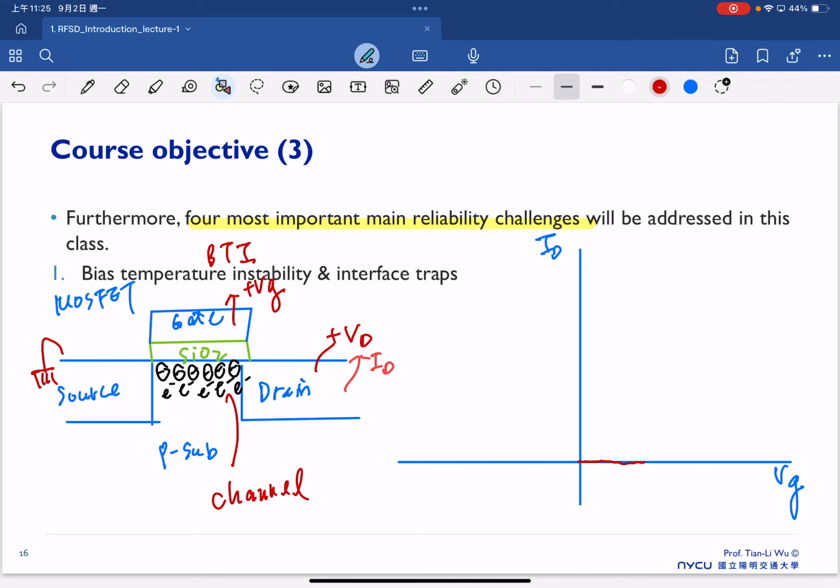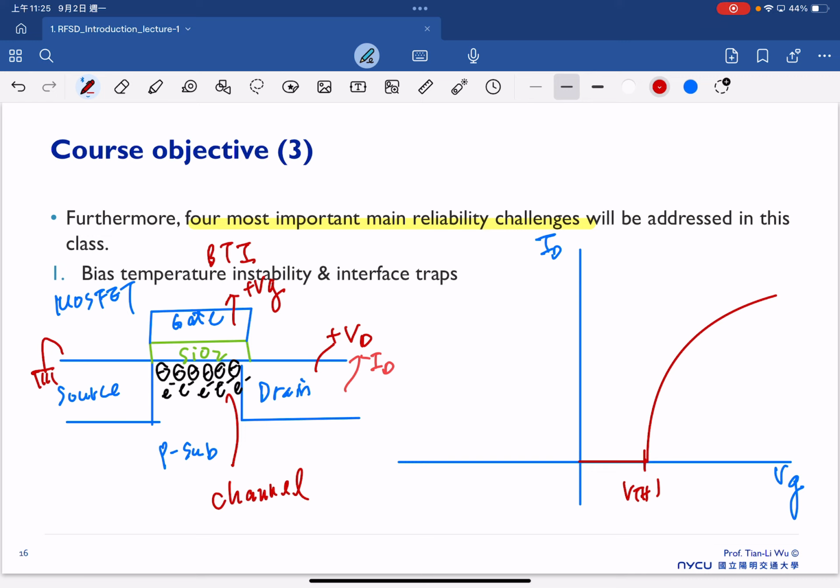First, with a small bias there is no current, because the carrier density in the channel is not high enough. But beyond a certain bias, we start to see the current increase. So the typical ID-VG curve looks like this, and we can define this point as VTH1.